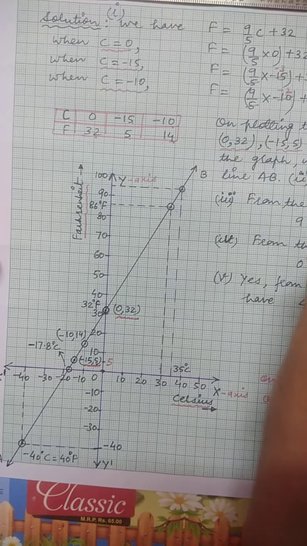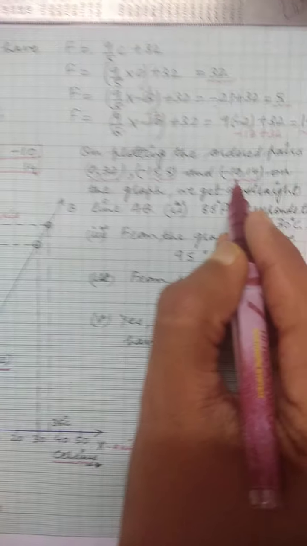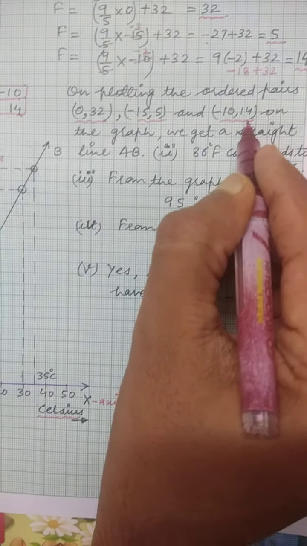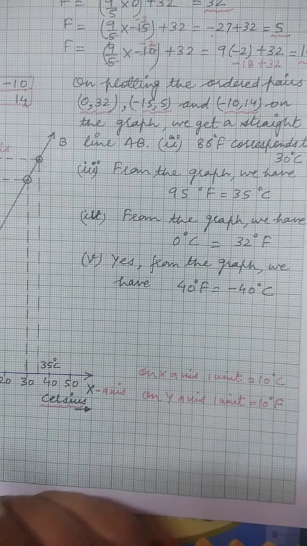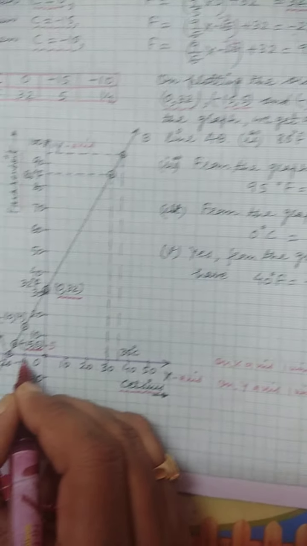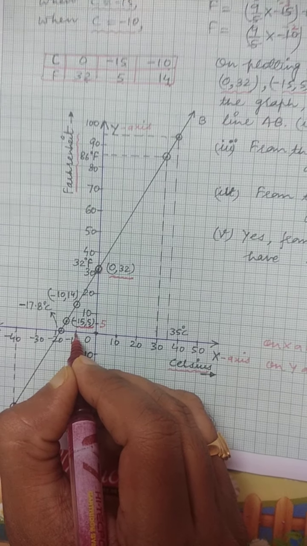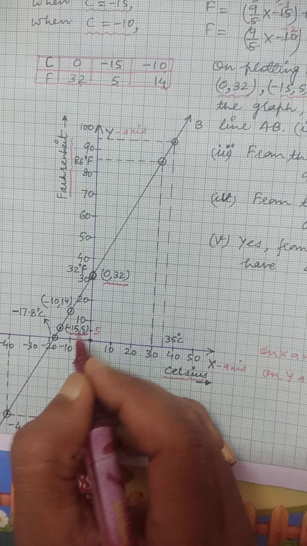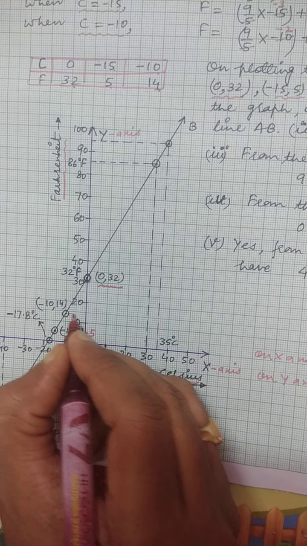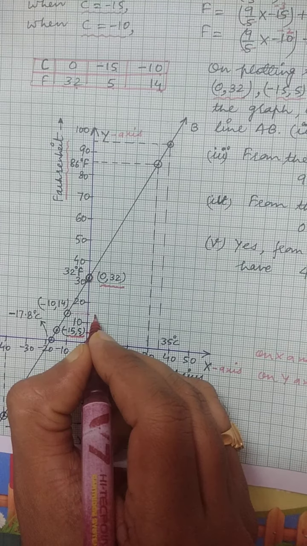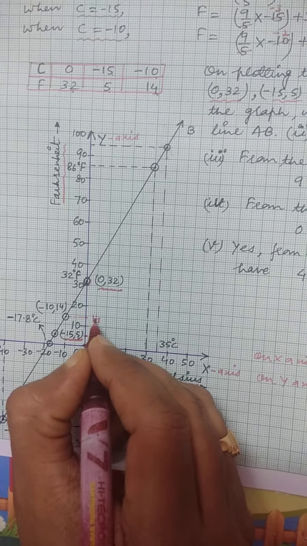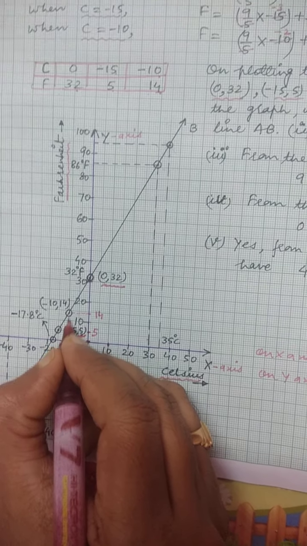Now come to this third point. You can see (minus 10, 14). So minus 10 is on this x-axis, that is x coordinate minus 10, and 14 is this one. This is your 14, positive of y. So here the point will lie.